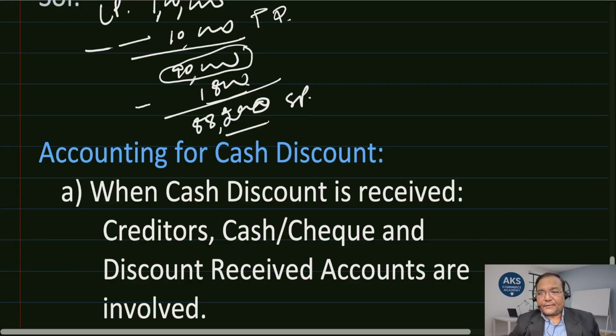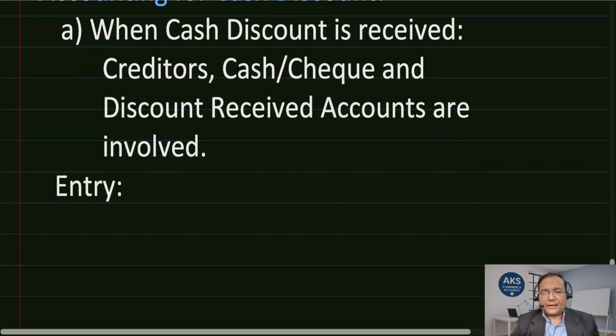Accounting for cash discount: how is the accounting to be done here? When cash discount is received, creditors, cash or check, and discount received accounts are involved. Cash discount is an expense for the supplier because he is bearing the cost of the discount provided over the invoice price.